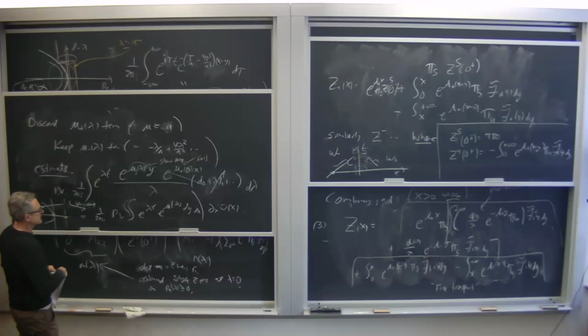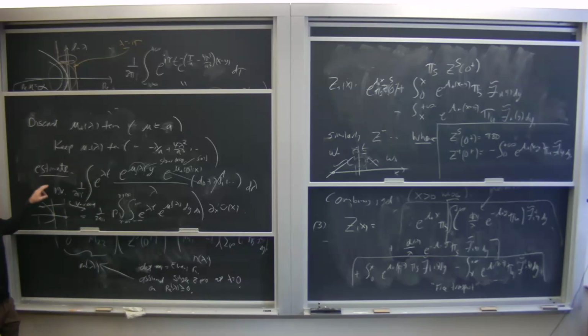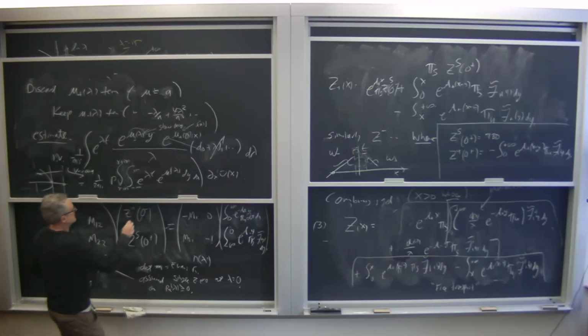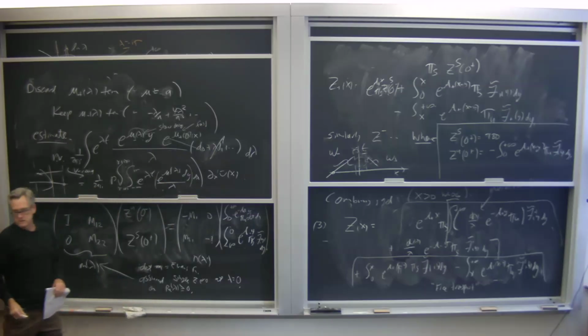I'm taking y on minus infinity to plus infinity, and I'm taking gamma minus i infinity to gamma plus i infinity. And I'm going to decide what gamma should be. But very important, this is a 1 over lambda.